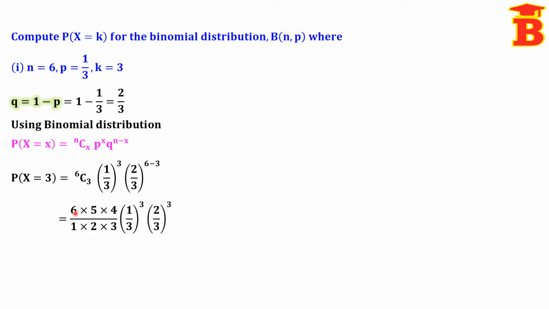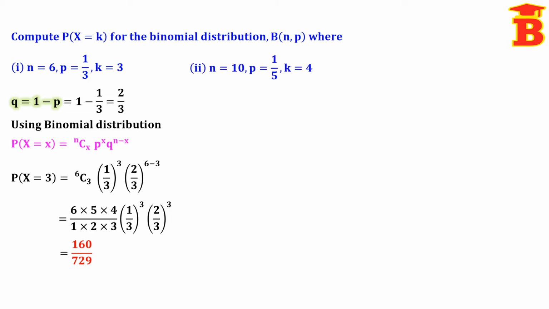And this 6 and 2 into 3 get cancelled. Just to calculate the remaining: 5 into 4, 20; 20 into 2 cube is 8, 20 into 8, 160. And in the denominator we have 3 cube into 3 cube, that is 27 into 27, which is equal to 729. So the answer is 160 divided by 729.